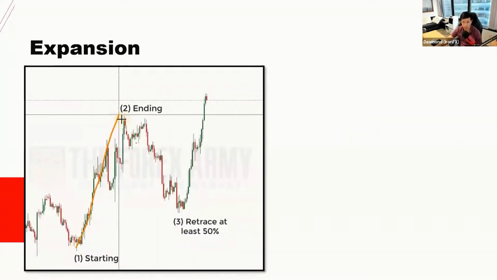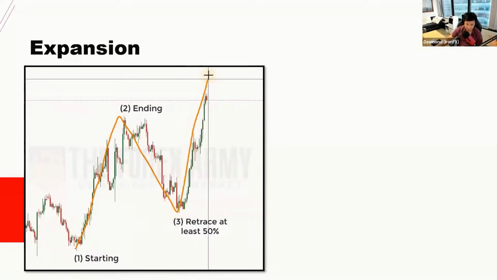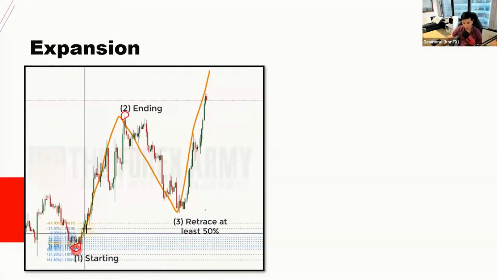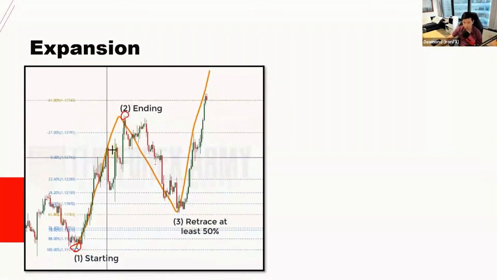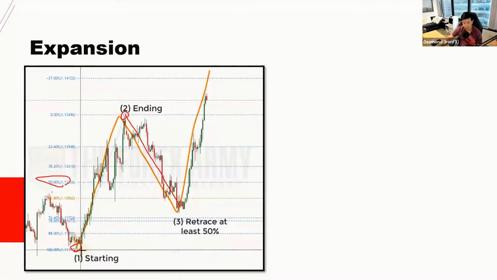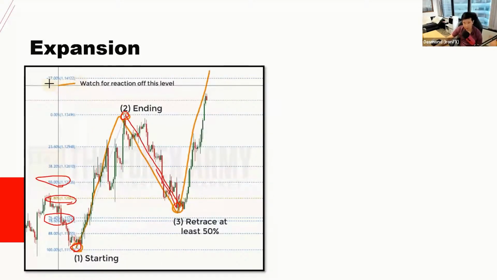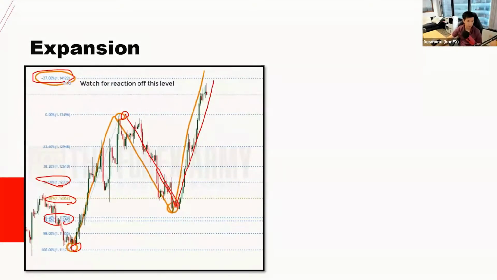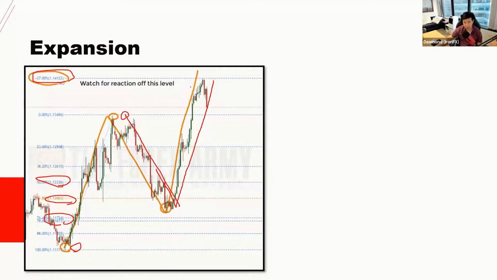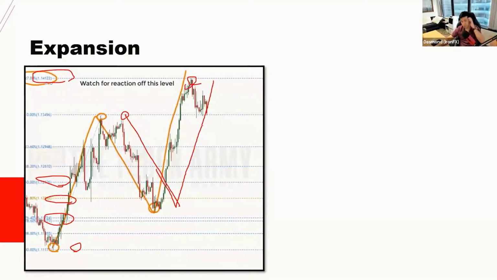Now let's talk about Fibonacci expansion. It kind of looks like the same thing, but you only have one starting point and one ending point. Price must retrace at least 50% minimally. If it retraces to 61 or 78, it's fine. What then happens is that you forecast price to go up and reverse off the negative 27% level, and you can see that has happened very nicely over here.